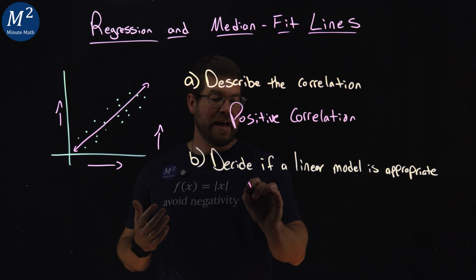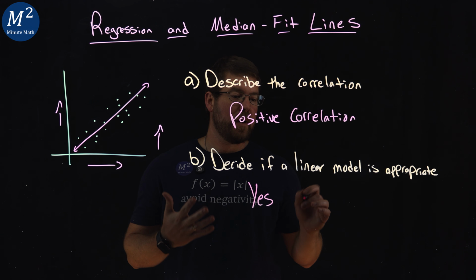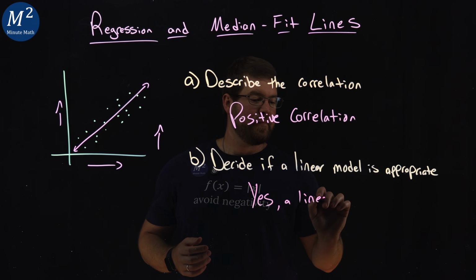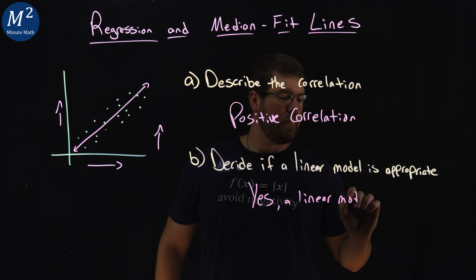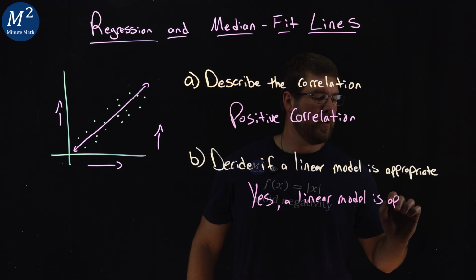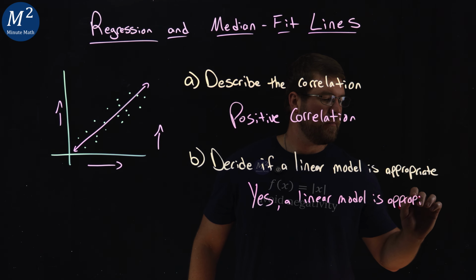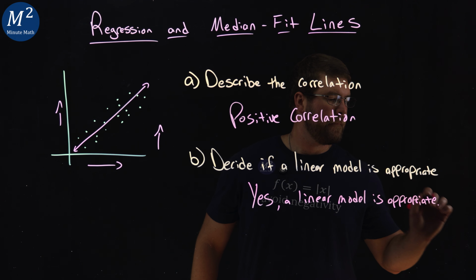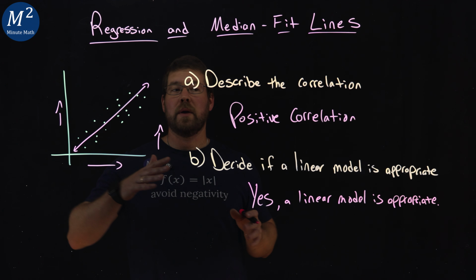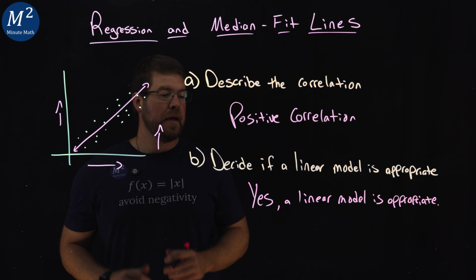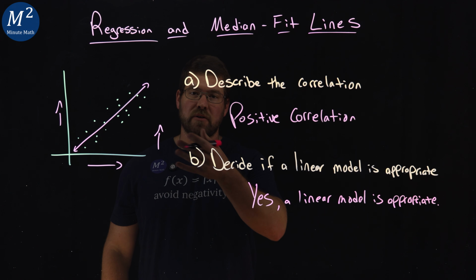So I would say yes, a linear model is appropriate. All right. So yes, we have a positive correlation with the data, and yes, a linear model is appropriate for it.